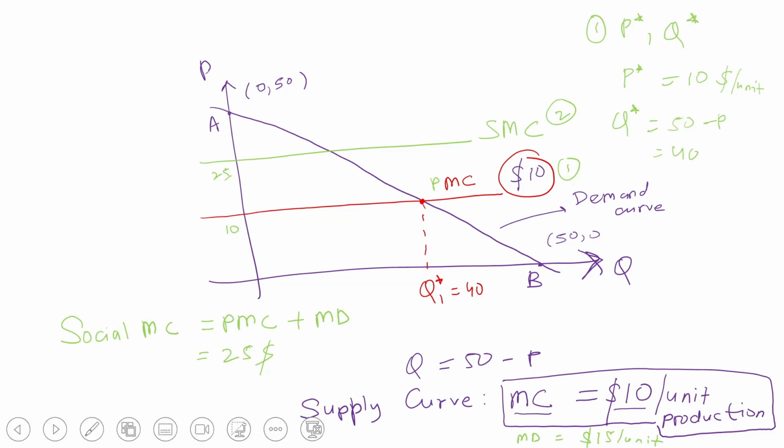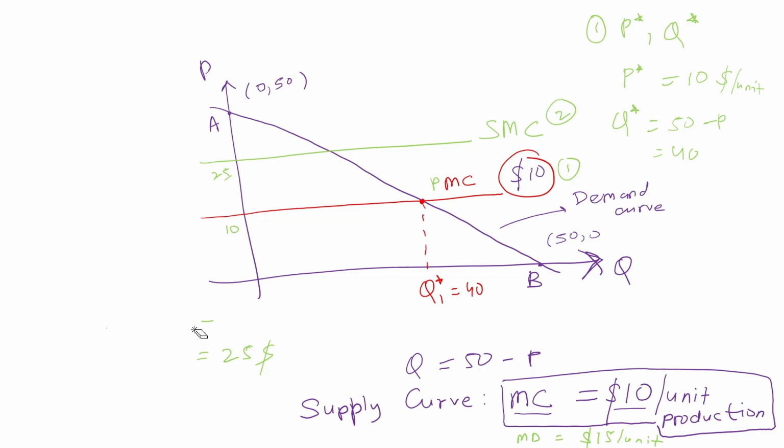Okay, now in case 2, when you have to pay for the marginal damage, MD is paid or the externality is internalized.